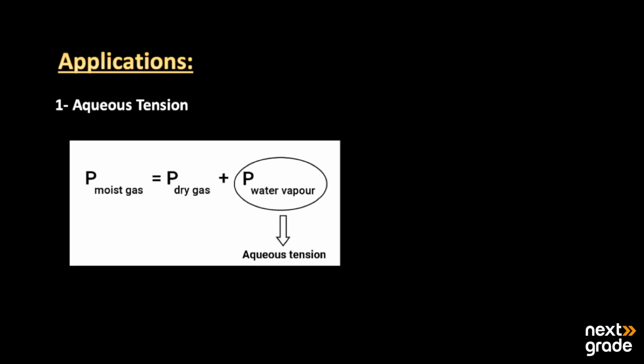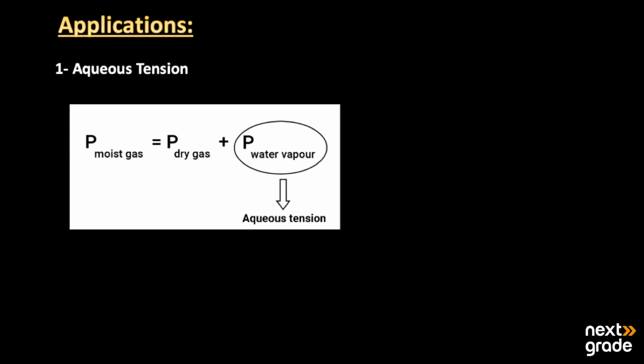The first one is the aqueous tension. You must know what is meant by aqueous tension. During work in the laboratory, when we collect gases over water, these gases sometimes also gather water vapors along with them.